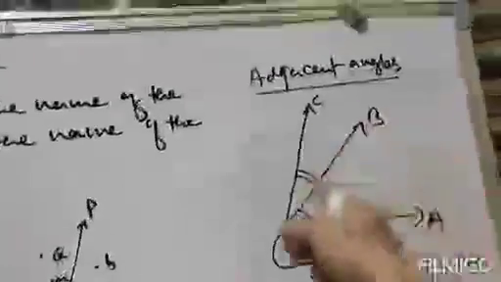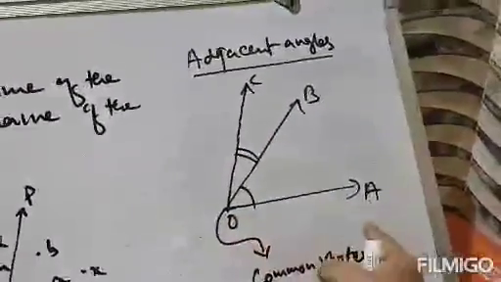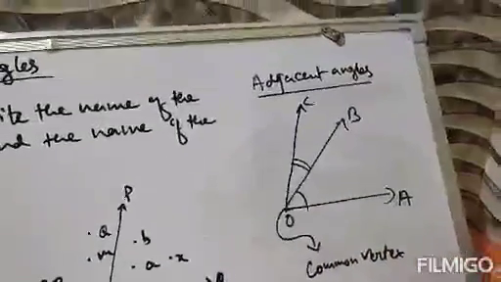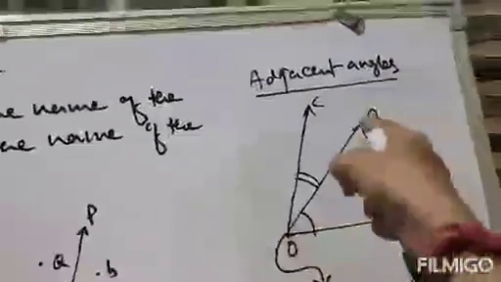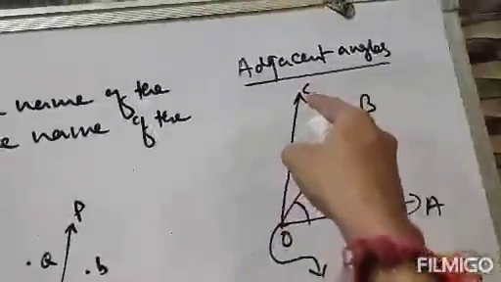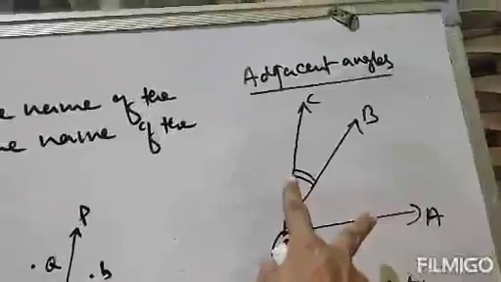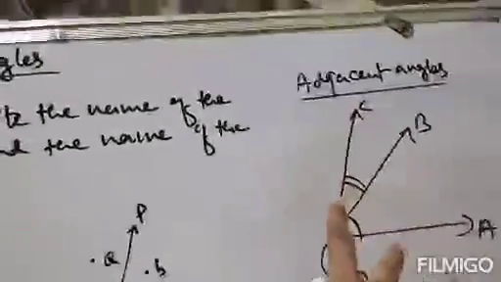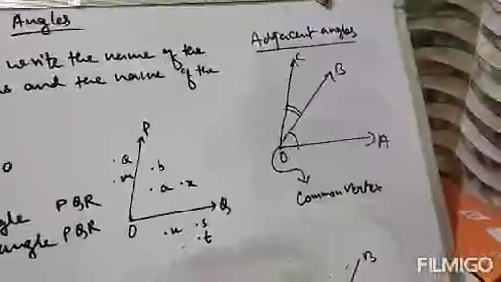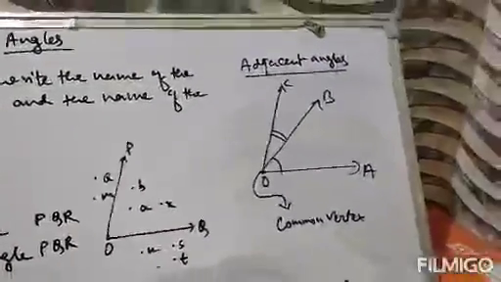Now OB is the common arm, so the other 2 arms are OC and OA, and OA is opposite to OB, and OC is also opposite to OB. So these are the 3 conditions by which we can say that the angles are adjacent.